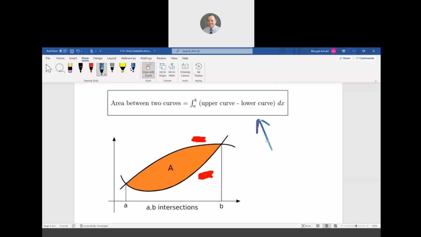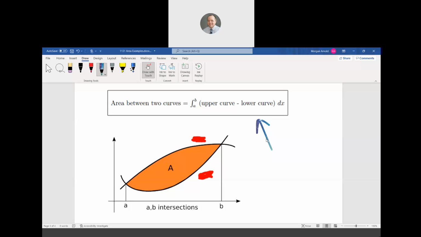It's still going from the closed interval from A to B, and I usually do top curve minus bottom curve, or you can say upper curve minus the lower curve.